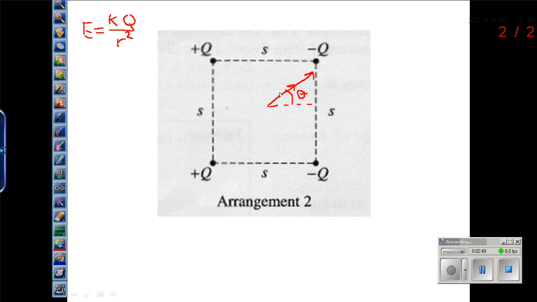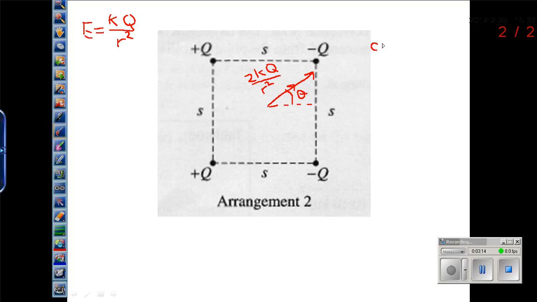So if we know that each one of these small vectors is made up of a strength of kq over r squared, we know that this entire hypotenuse right here would be twice that. So 2kq over r squared. The trigonometric identity that relates hypotenuse to adjacent is going to be cosine.